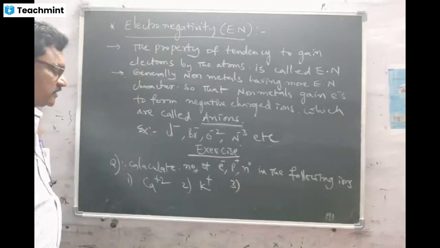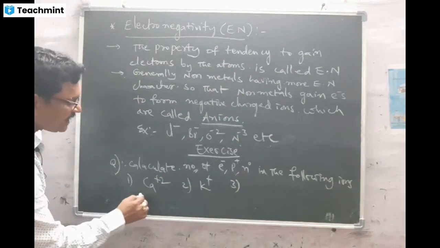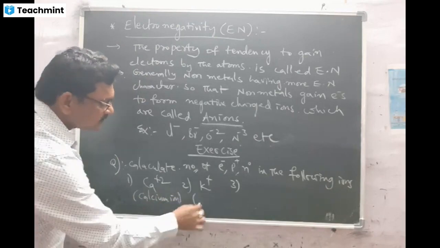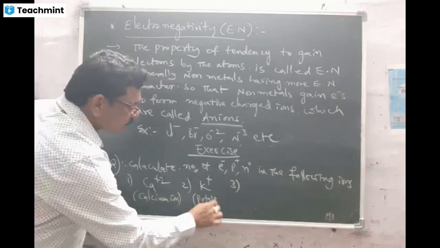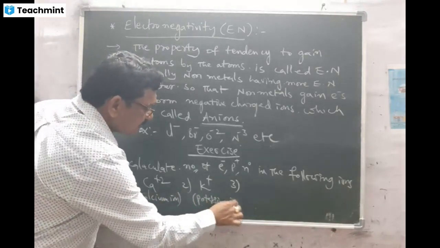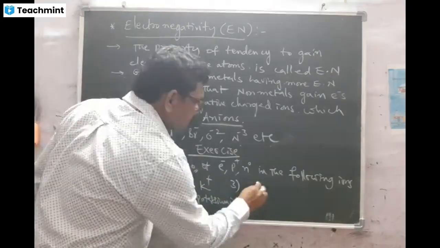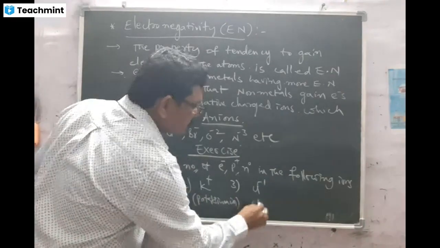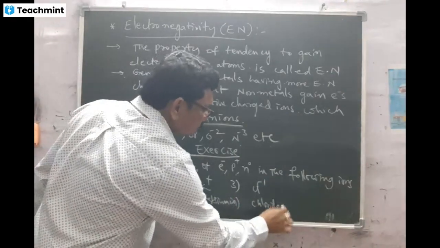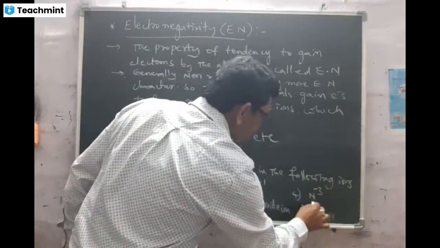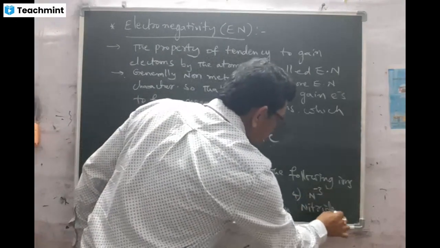Third one. Ca plus 2 means calcium ion. You write down the name also. Calcium ion. This is potassium ion. Third one I write: Cl minus 1, chloride ion. Fourth one, N minus 3, nitride ion.